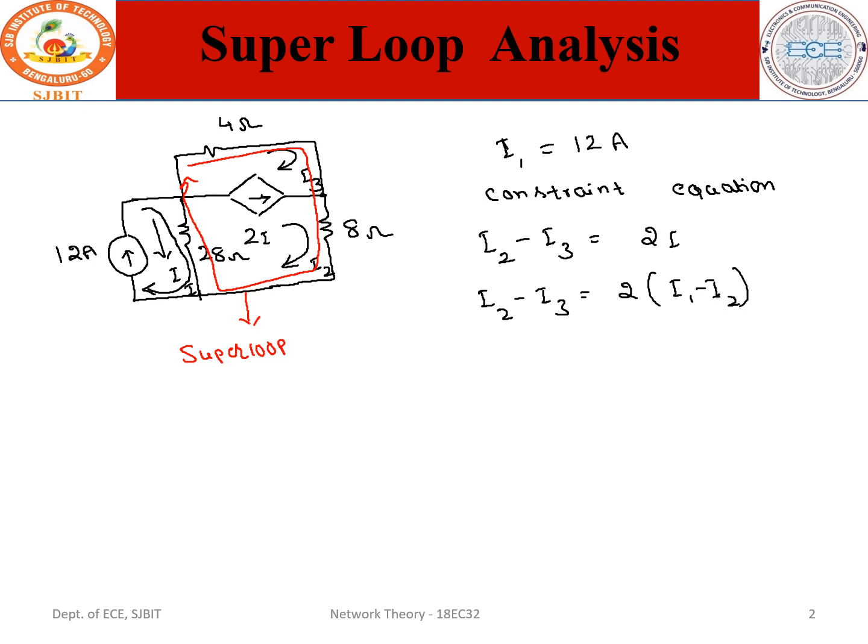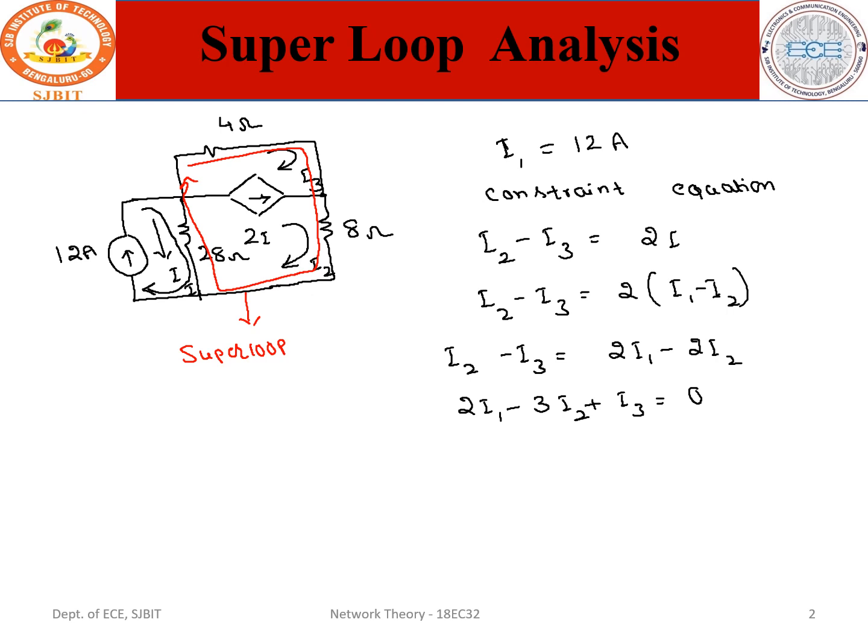So this becomes I2 minus I3 equal to 2I1 minus 2I2. That is 2I1 minus 3I2 plus I3 is equal to 0.